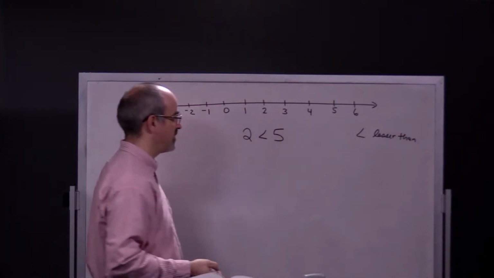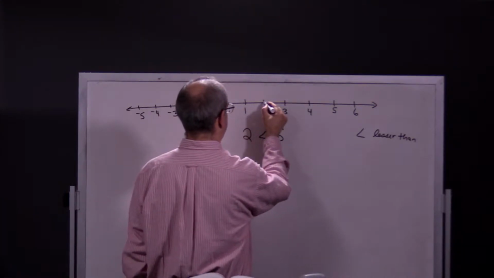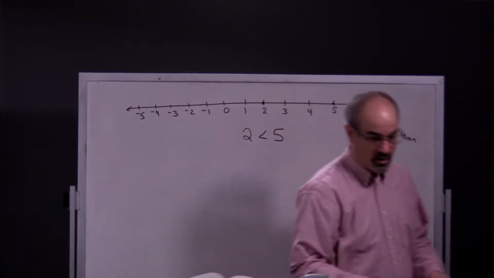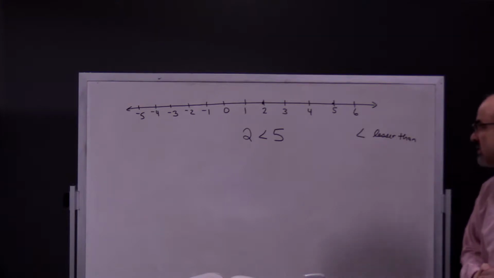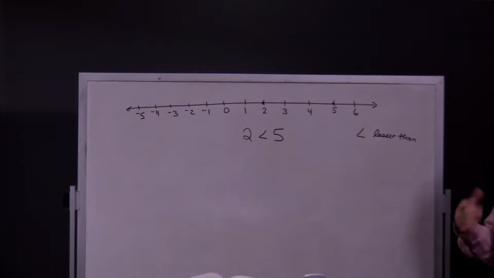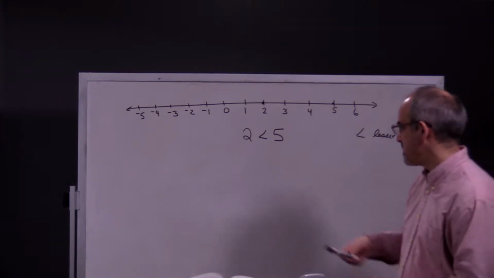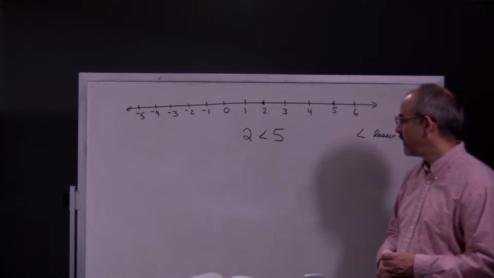Okay, so 2 is lesser than 5. What lesser than means is that 2 falls to the left of 5 on the number line. Okay? That's all that lesser than means. The number that's lesser than the other number falls to the left of that number on the number line.